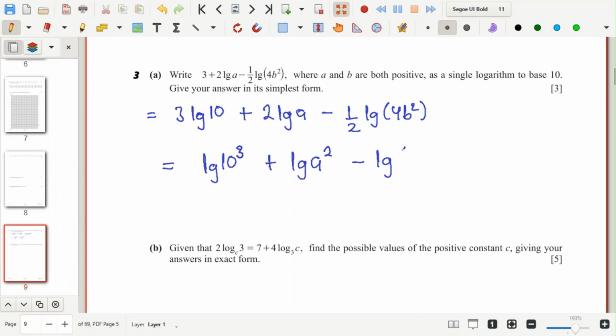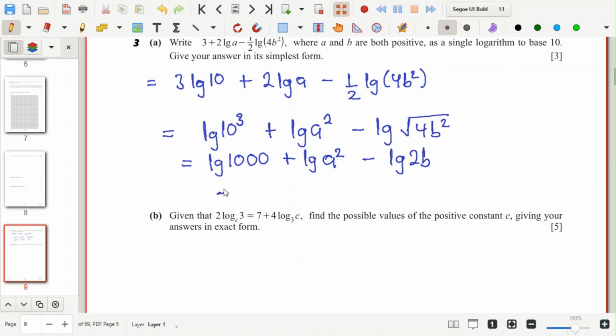Then we have, to the power half is the same as what, square root of this expression. So this should give us 1000. This should give us a squared. Minus, this will give us 2b.